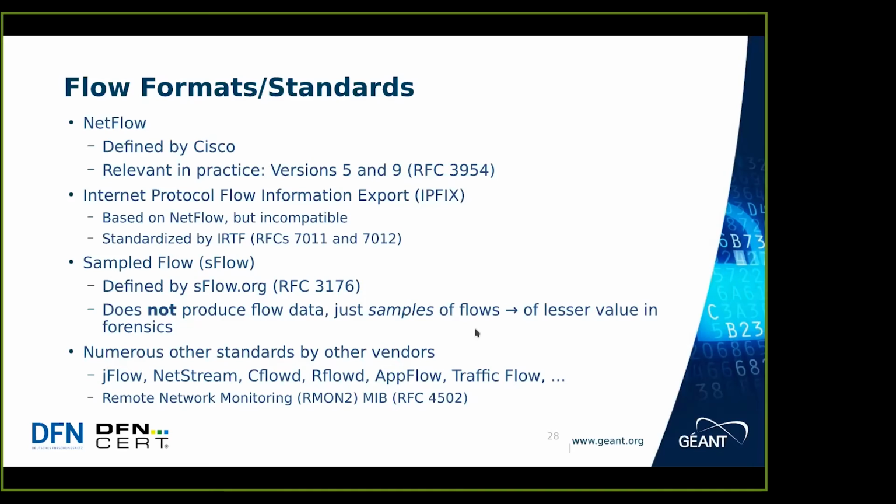Then there's sFlow that you're likely to encounter, which is defined in RFC 3176, run by sflow.org. This does not produce Netflow data, just samples of flows. So it just writes out every, say, 200th packet and tries to assemble some statistics.